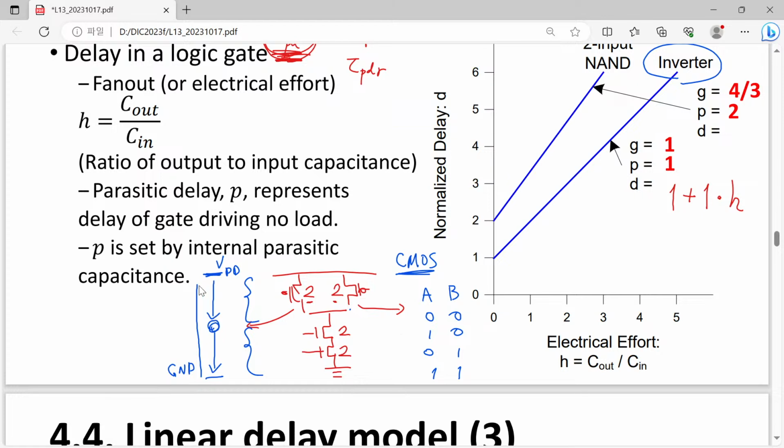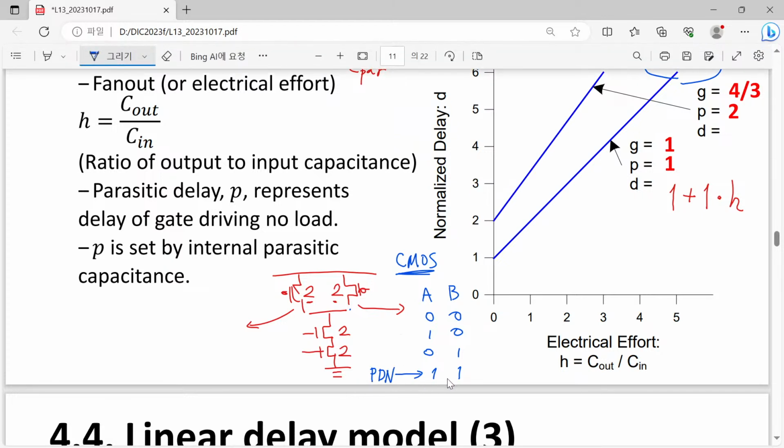But what I wanted to say is, when you consider this case, only this part is relevant to our pull down network.